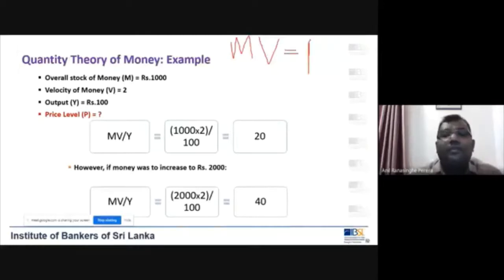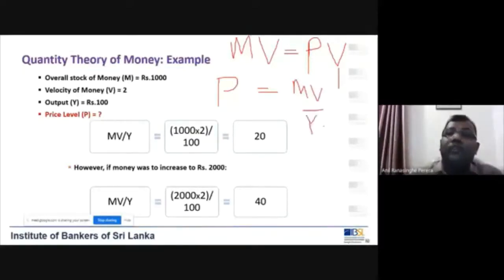Right? So if you want to calculate P, it's a matter of deriving P equals MV divided by Y. So M we have 1000, V we have 2, the velocity, Y we have 100. If you solve this, what will you get? 20. Which means given these numbers, your price level P is 20.